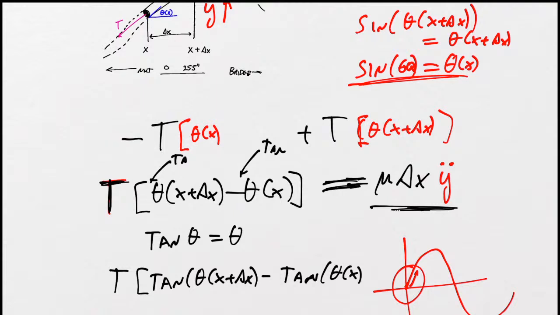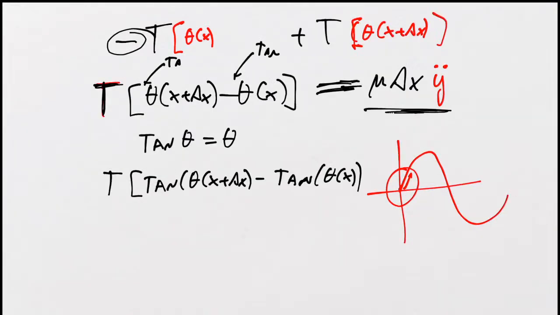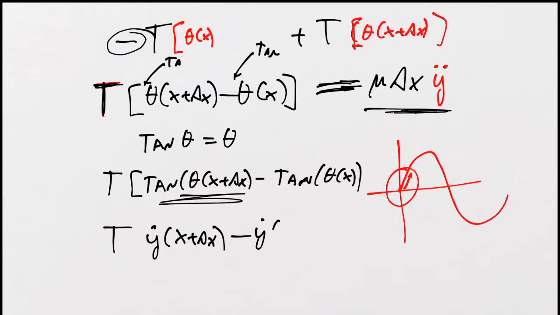And notice I'm flipping things in order to get rid of these minus signs in front. But the tangent of this angle is equal to the first derivative of y with respect to x, right? That's what the tangent of that angle is by definition. So this is equal to T times y dot at x plus delta x minus y dot at x, right?